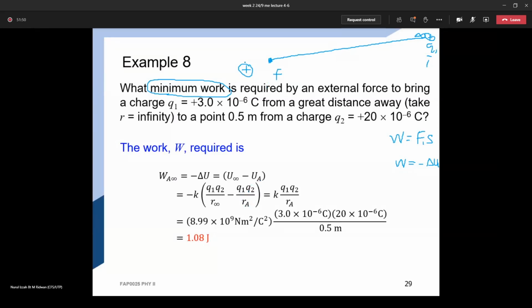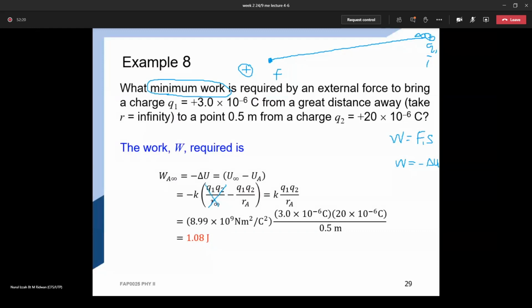The distance from the second charge starts from infinity and then goes to 0.5 from the charge 2. So you see here Q1 Q2 over R infinity. Infinity means the distance is very big. So when the distance is very big, what will happen to the calculation? Okay, you can safely say it is almost zero. So you can cancel this part.